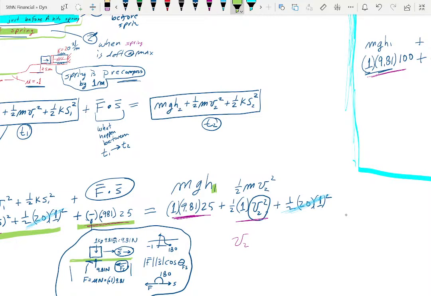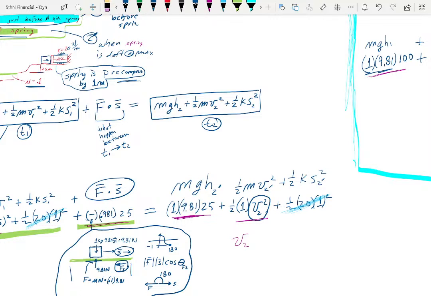Oops, okay. Wait a minute, give me a second here. This should say 2, and this should say 1/2 ks2 squared. Okay, now state 2 primed is different than state 2.